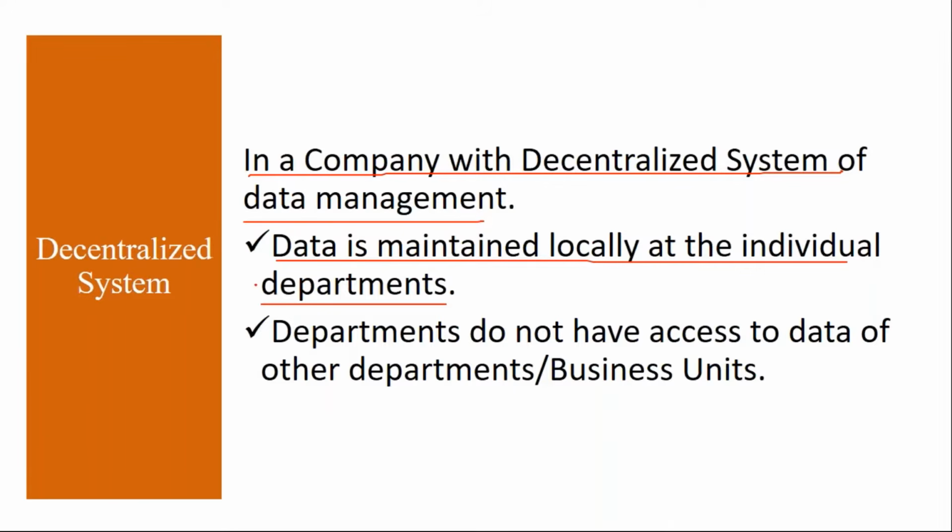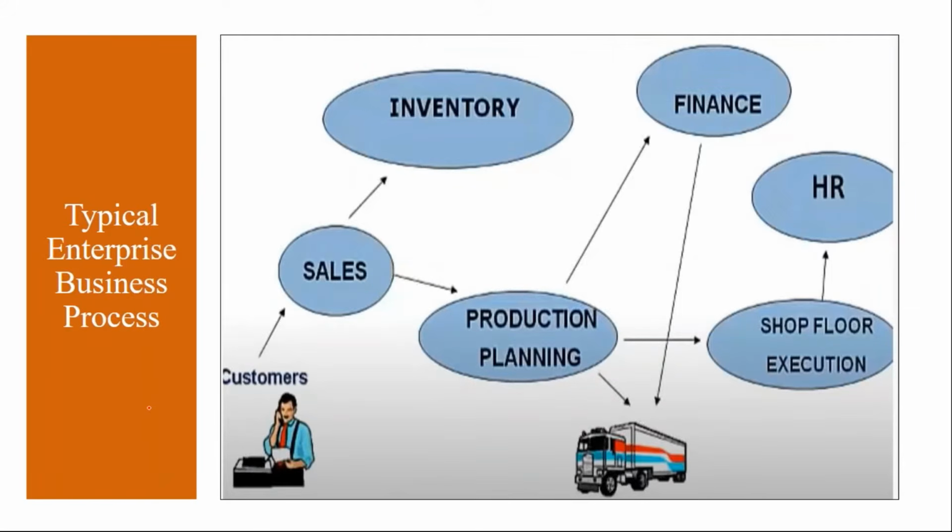The departments do not have access to the data of other departments or business units. So other departments within the company will not have access to the data of the other departments. This is the case with decentralized systems.